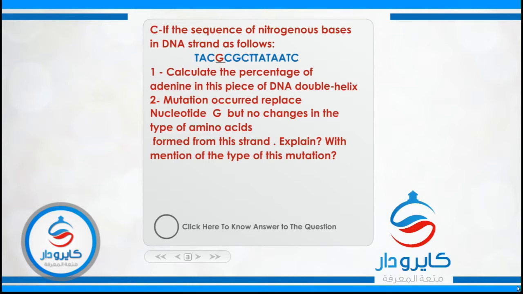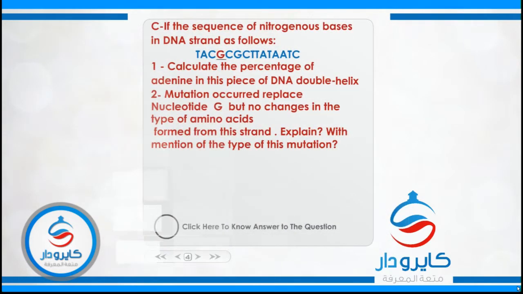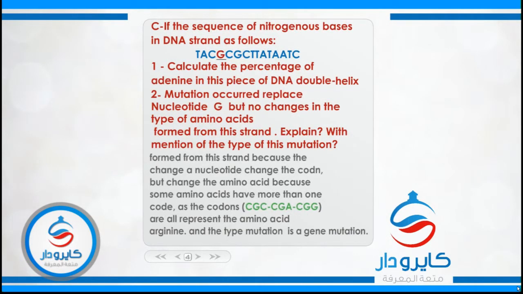That takes place because an amino acid may contain more than one codon. So if the amino acid has many codons, the change of one nucleotide will change the codon but not change the amino acid. For example, for arginine in this case, the codons are CGC, CGA and also CGG.